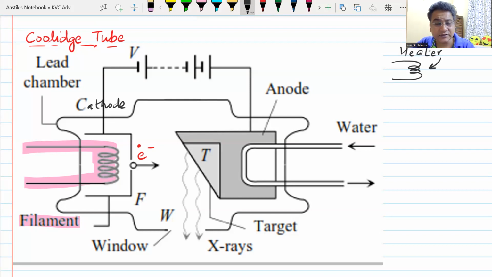I again repeat my question. How does the filament produce electrons? It has a large number of electrons, it gives it for free. How does the filament produce electrons?